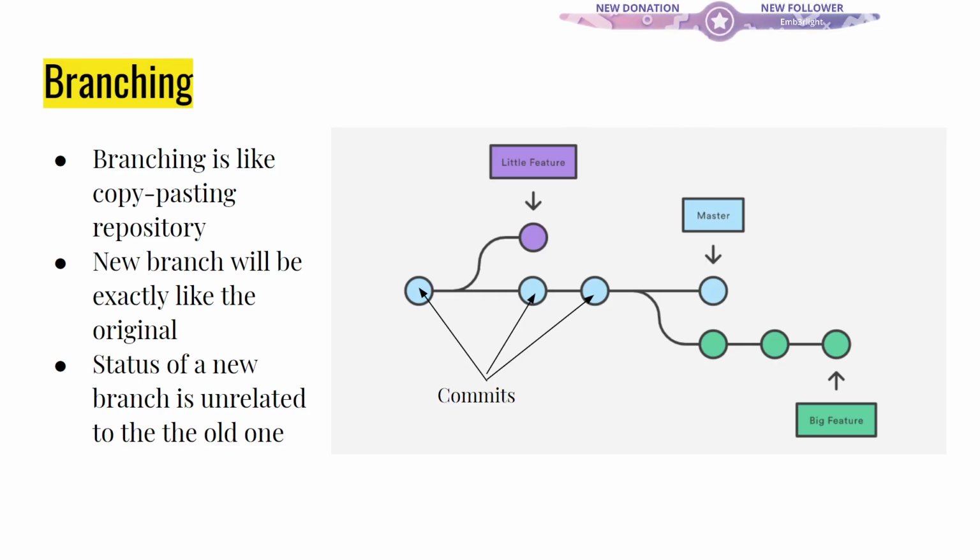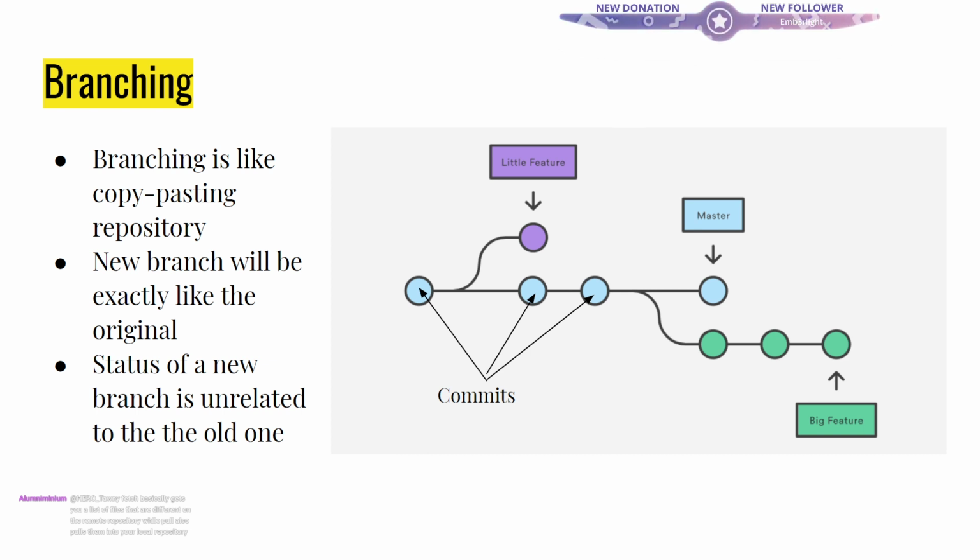Now let's talk about branching. Branching is literally creating a clone of your existing version of code. And after that, you can work separately on another version of code.